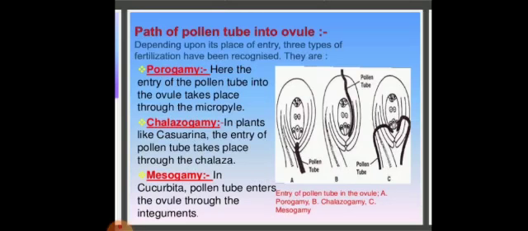This ovule is bitegmic, and the integument is a covering of the ovule, and pollen tubes enter through this integument. These are the 3 types of fertilization recognized: porogamy, chalazogamy, and mesogamy.